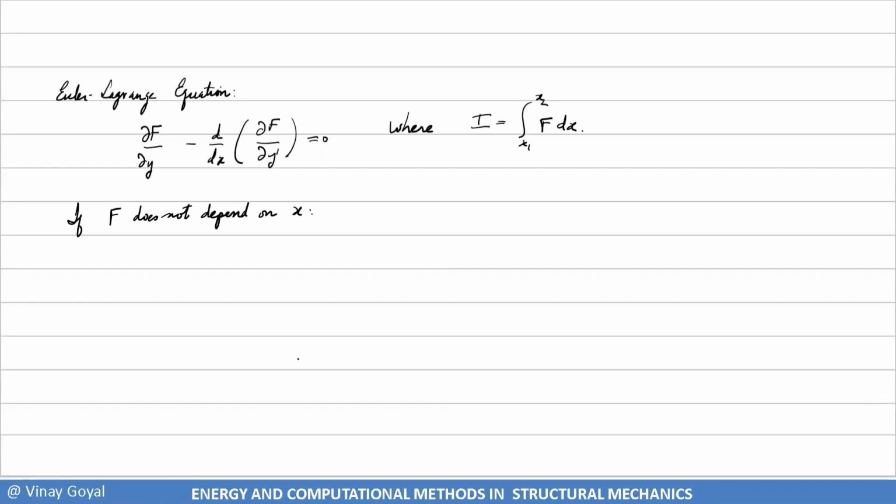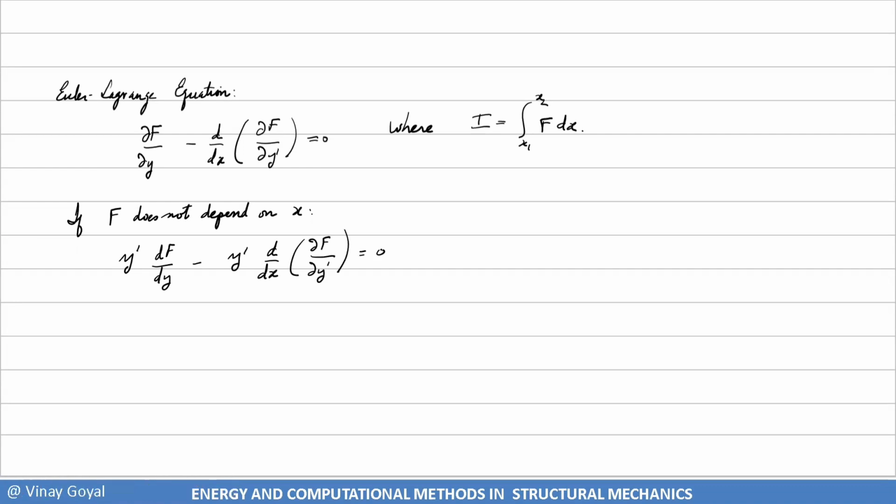So you multiply this by y prime and this by y prime. Okay, and I'll write it out for you. This is equal to 0.